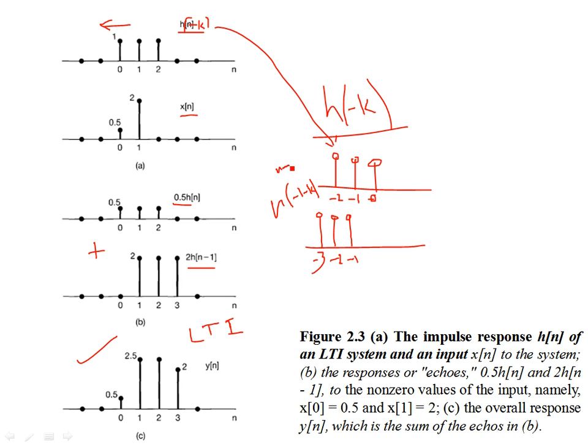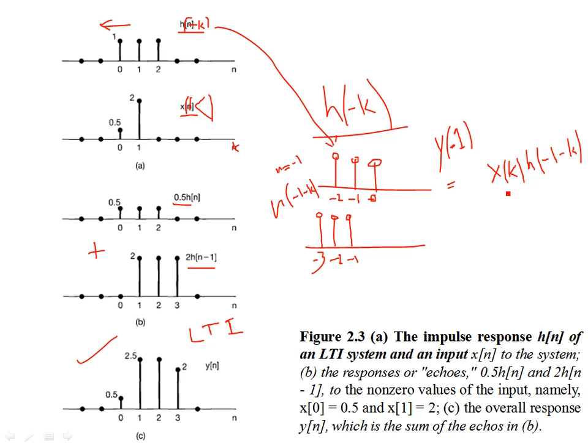Now if you think that this is k and this is x of k, then if you put this in the convolution sum, my expression becomes y of n at n equal to -1, which is equal to the summation of x of k, h of -1 minus k.